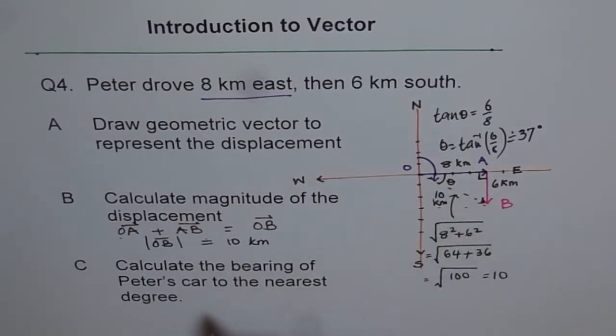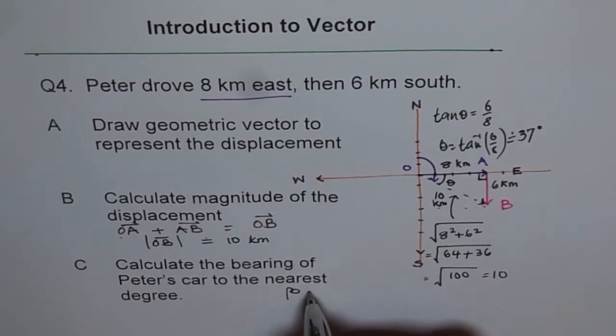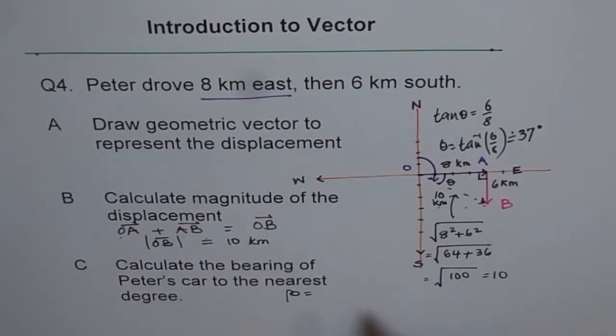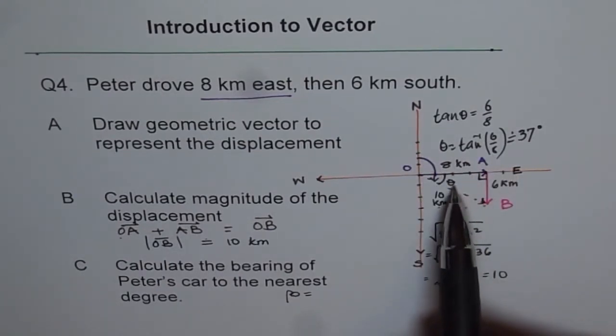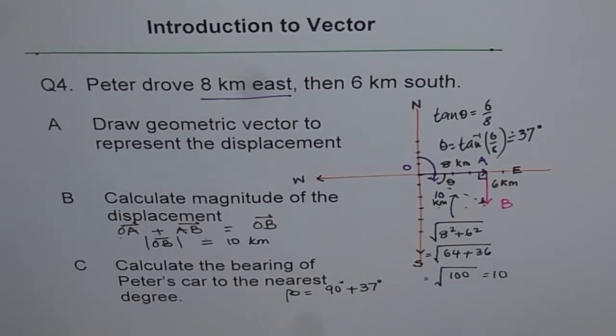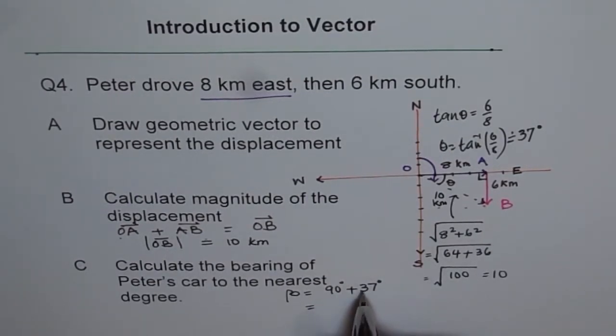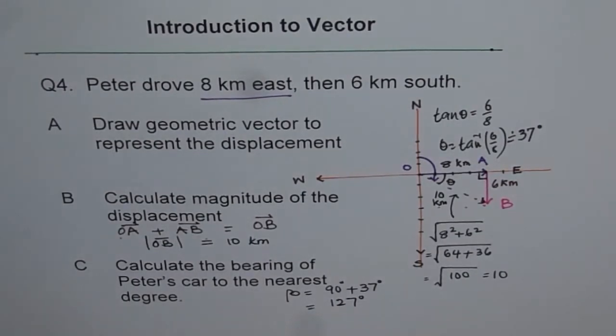Let's call this angle of bearing as beta. Beta equals 90 degrees plus theta, which is 90 degrees plus 37 degrees, right? So we can add this up and get our answer. So 127 degrees is our answer.